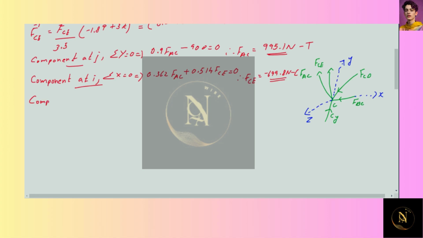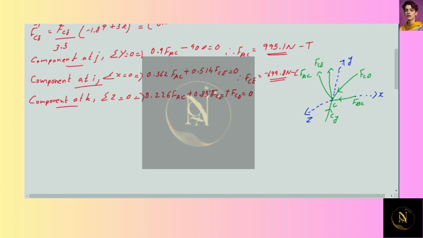Now the component in the K direction. To find the component in the K direction, we need to find the summation along Z equal to 0. So that will be 0.226 FAC plus 0.857 FCE plus FCD equal to 0.